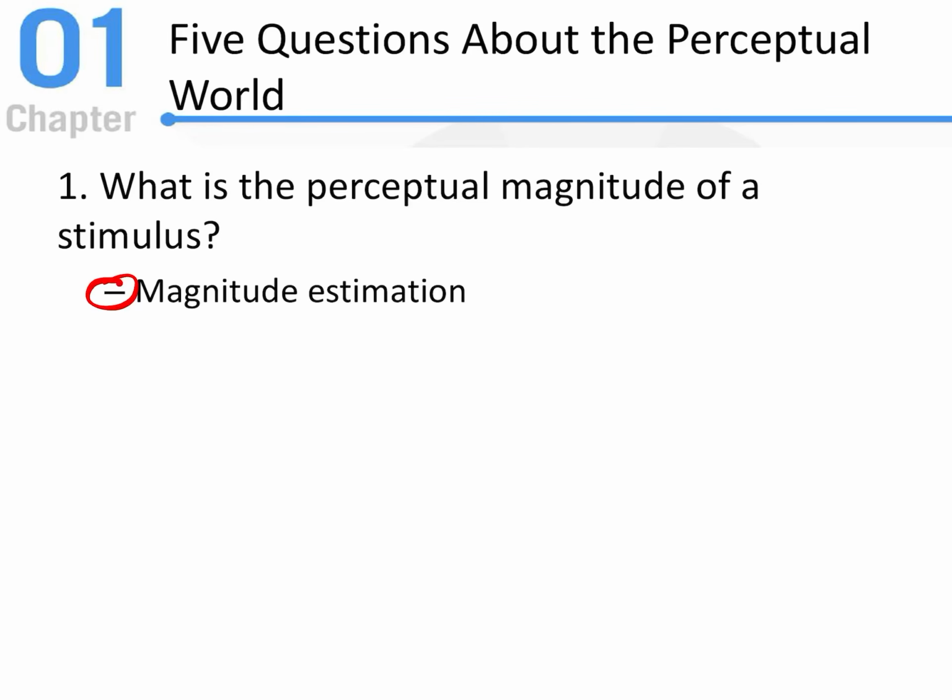So magnitude estimation is a psychophysical method of assigning a number to a stimulus that you would say is proportional to what you understand is the magnitude of that particular stimulus. So it would be like assigning a value to a sound or to a light intensity.